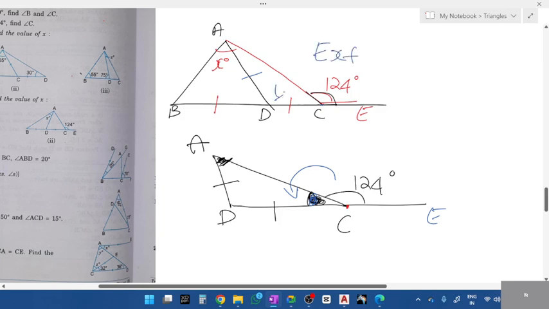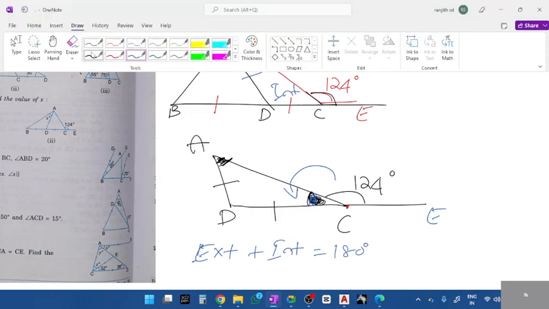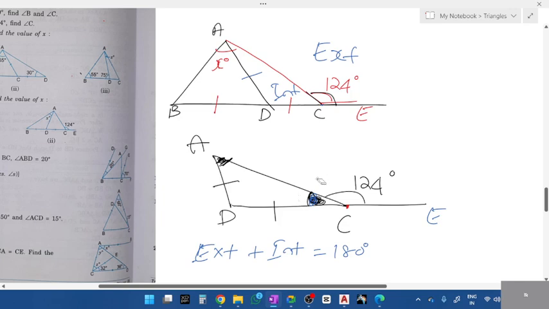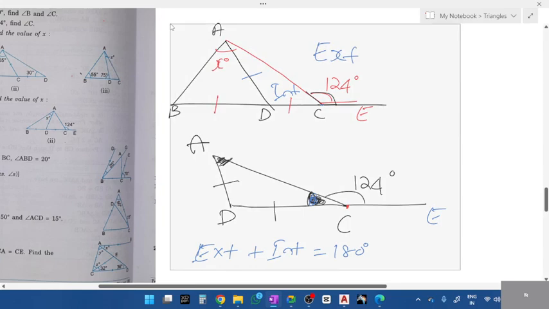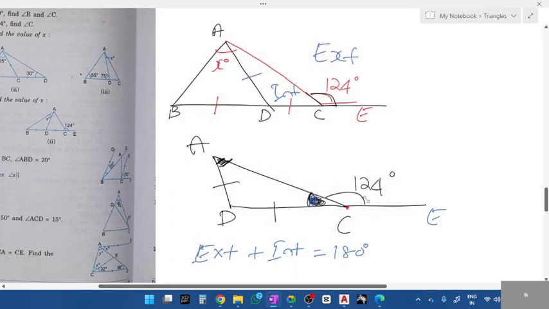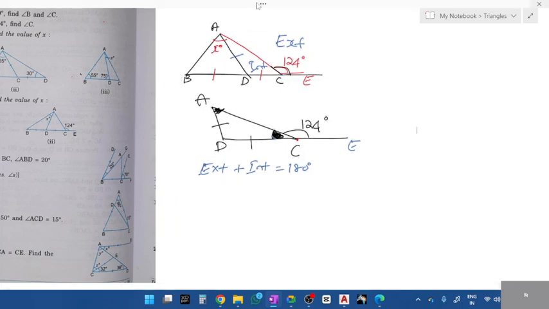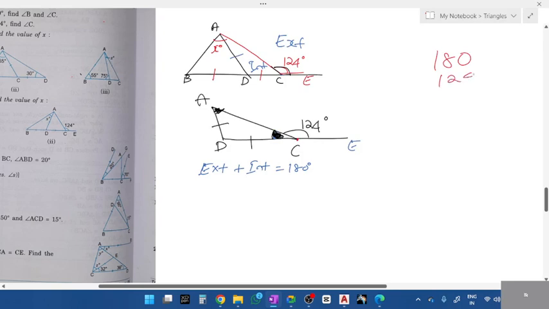So exterior plus interior is equal to 180 degrees. So what will be the value of angle ACD? 180 minus 124 is 56. So this inside value will be 56.